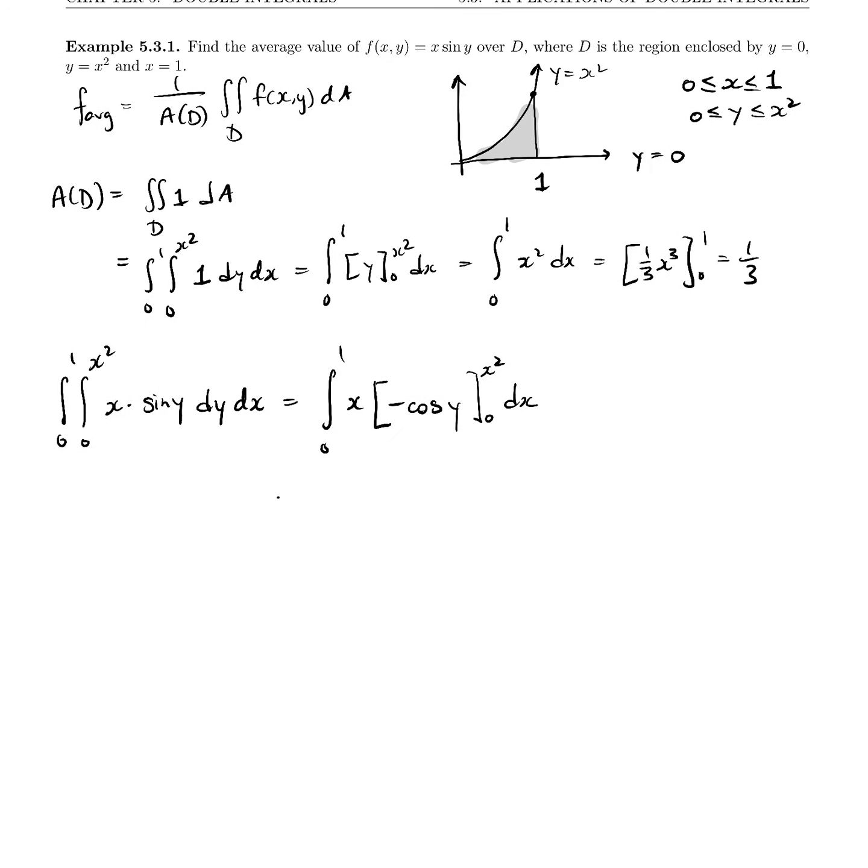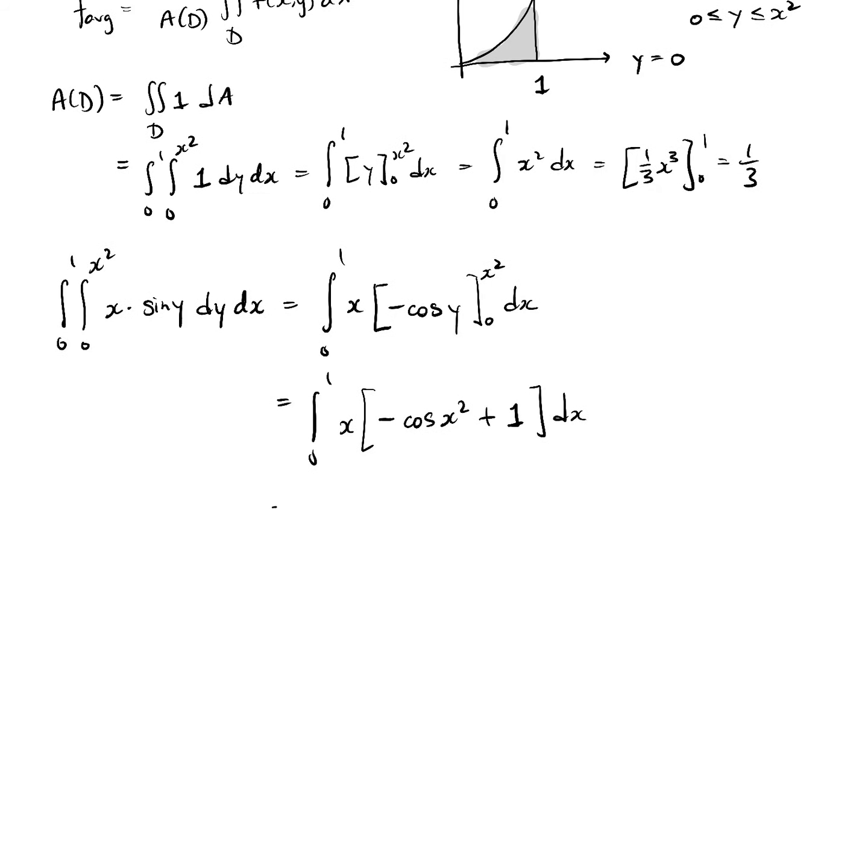So we are going to have here the integral from 0 to 1 of x times minus cosine of x squared minus minus cosine of 0, and cosine of 0 is 1, dx.